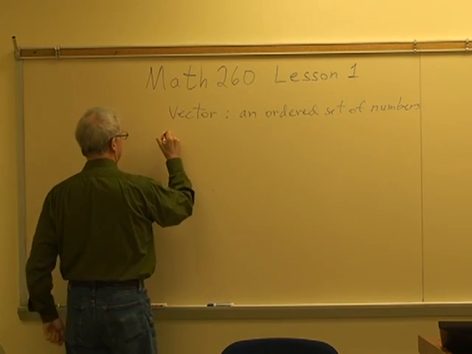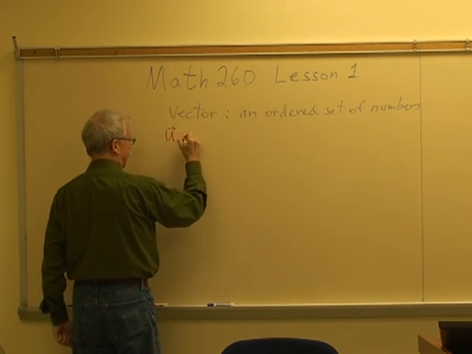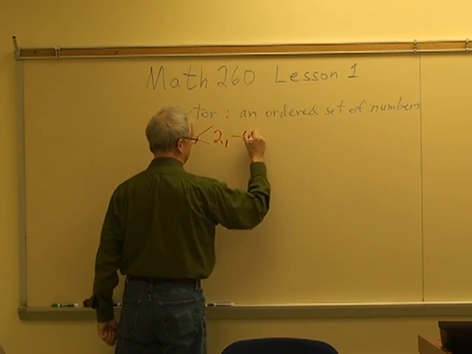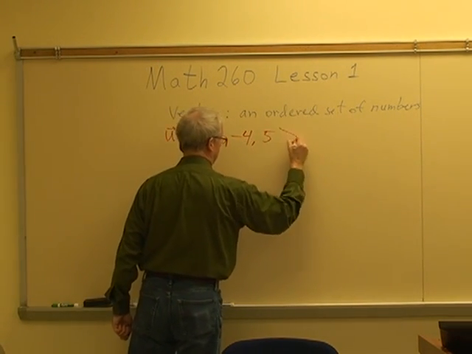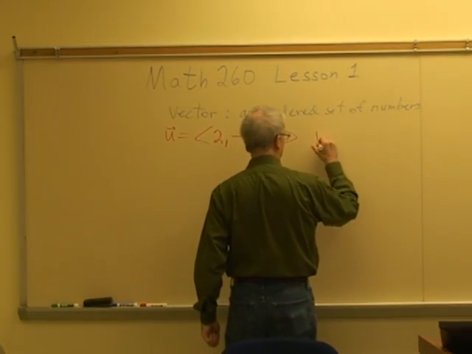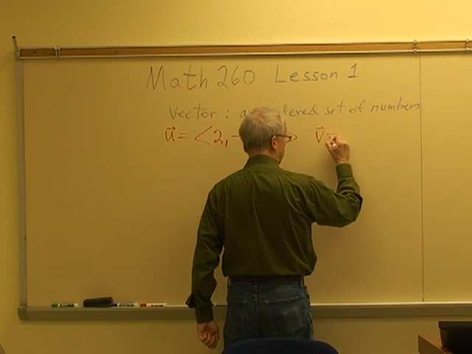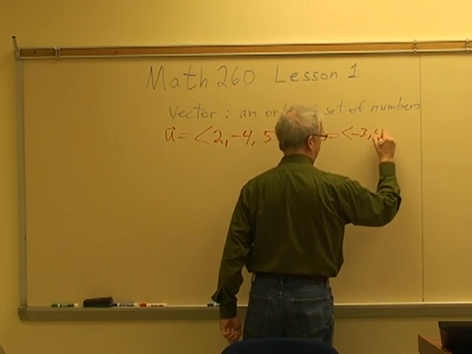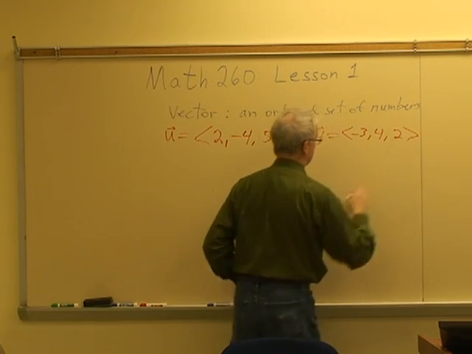Let's take vectors in 3-dimensional space. There's the vector u with coordinates 2, -4, 5, and the vector v with coordinates -3, 4, and 2.